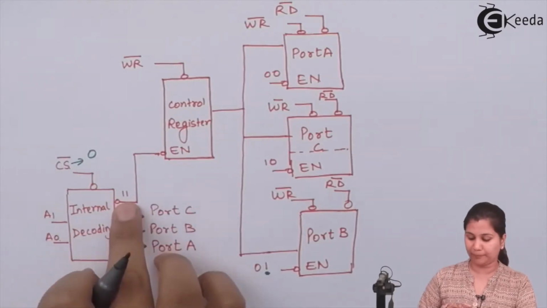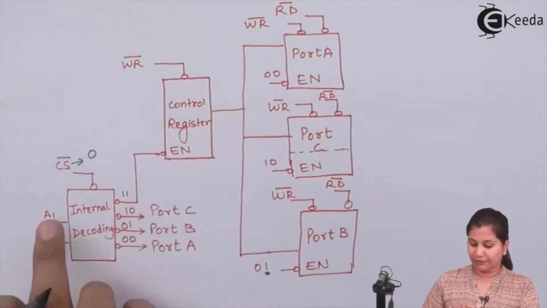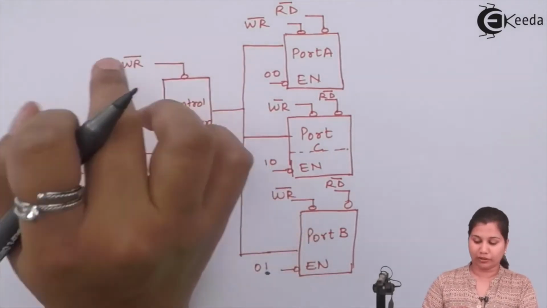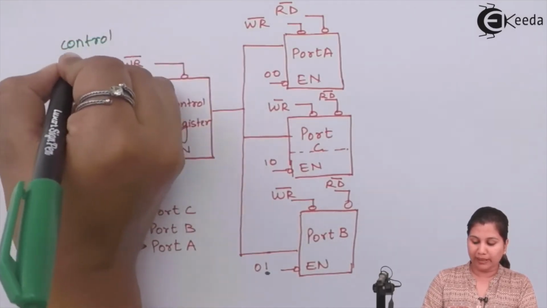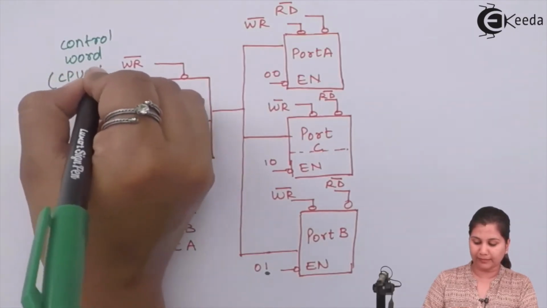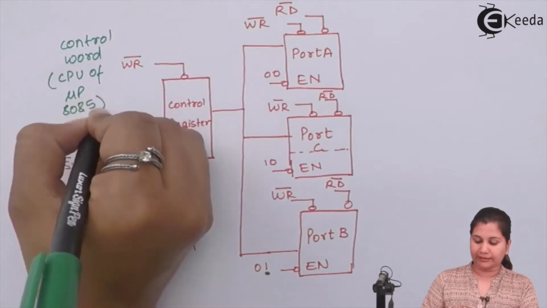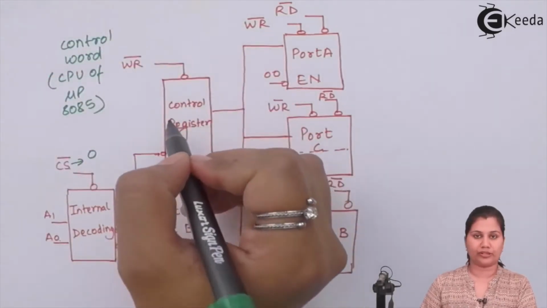Now when the control register is selected, meaning the value of A1 and A0 is 1, 1, then the control word, which is provided by the CPU of the microprocessor 8085, is written into the control register.